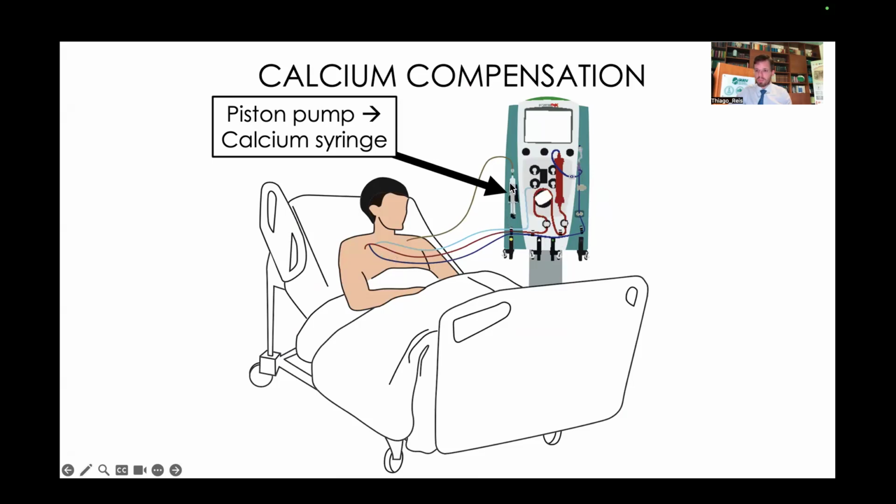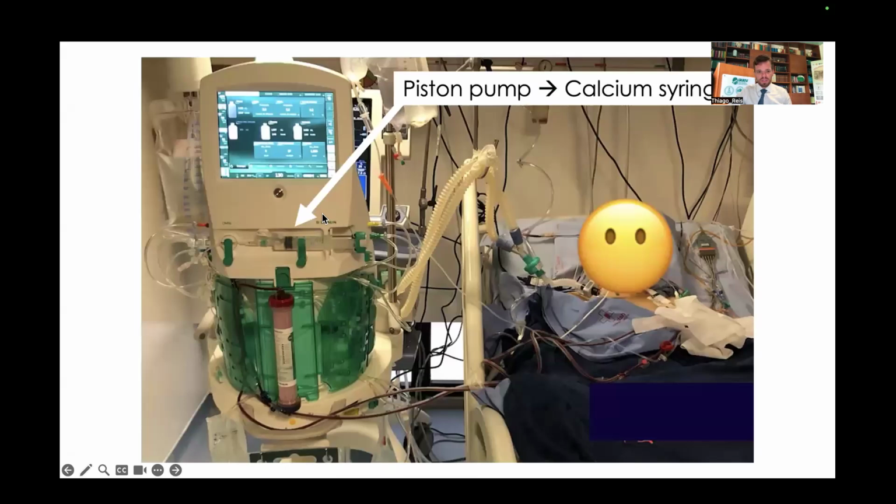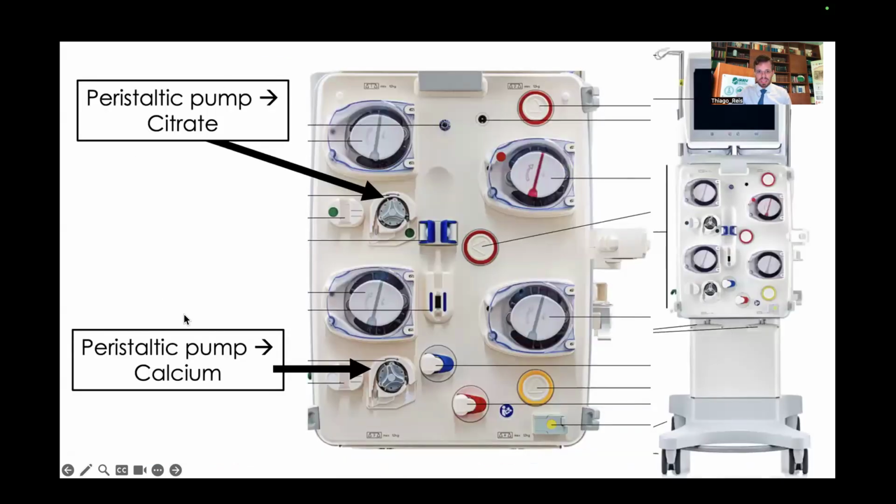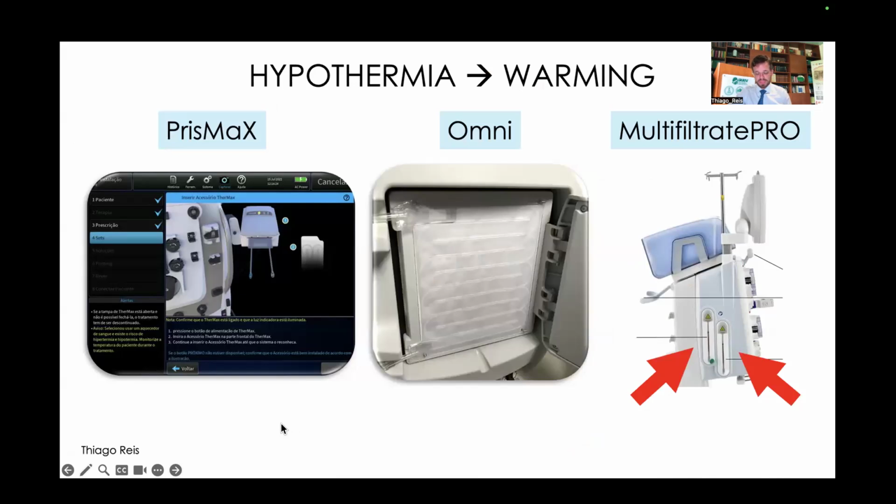And there is an additional pump with calcium that will infuse calcium back to the patient to compensate for the amount of calcium being chelated. This is in another machine. So here, this is a piston pump. In this syringe, there is the calcium solution, and this is in another machine. So here it's a peristaltic pump for citrate infusion, and in this machine, a peristaltic pump also for calcium replacement.